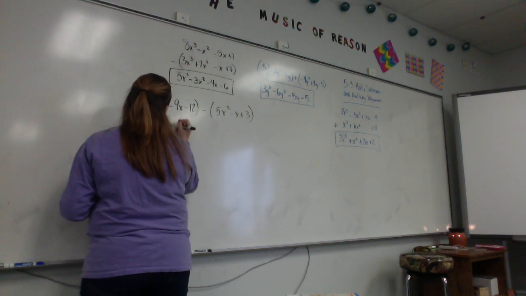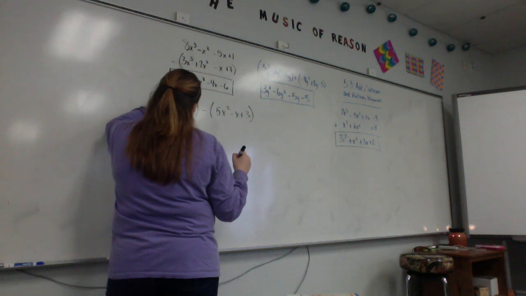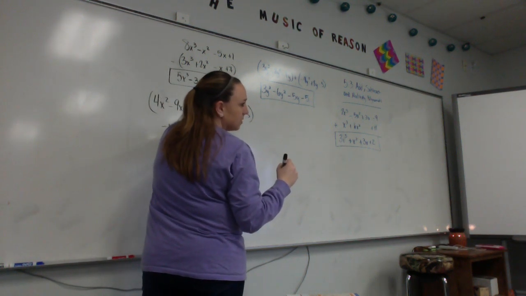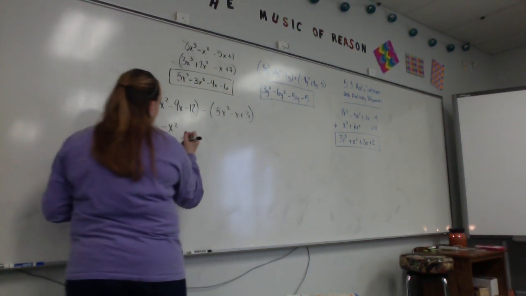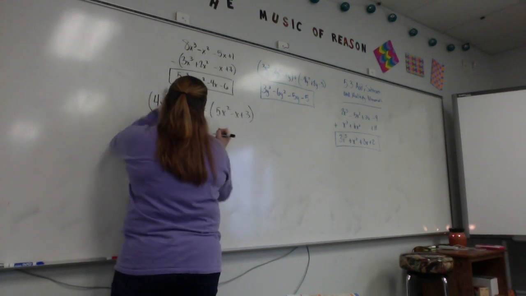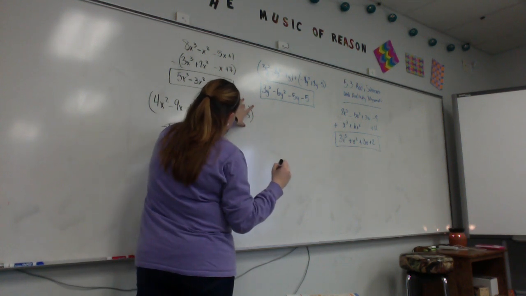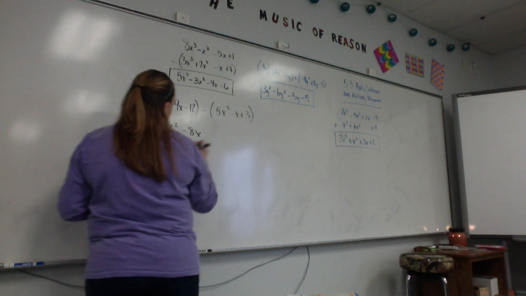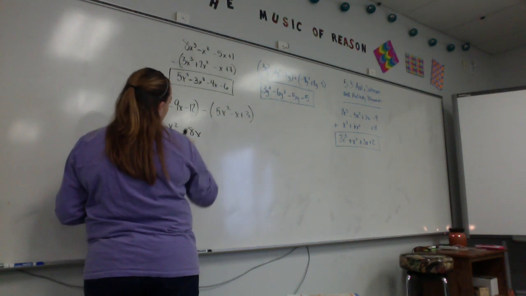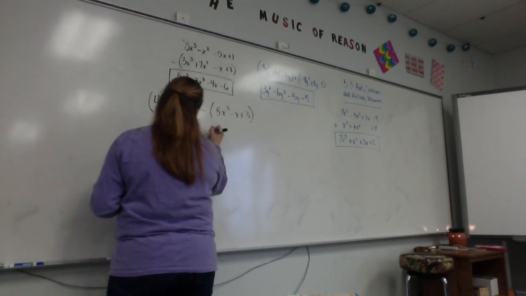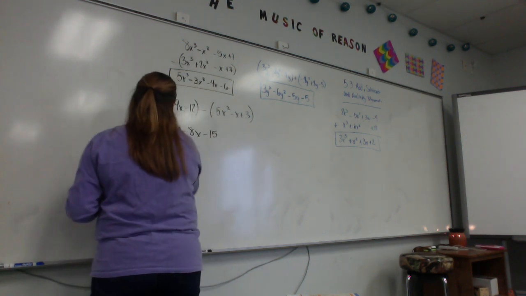Negative x squared. Negative 9x minus negative x, what do you get? Negative 8x. Negative 12 minus positive 3, what do you get? You get negative 15. Negatives, cold negatives.